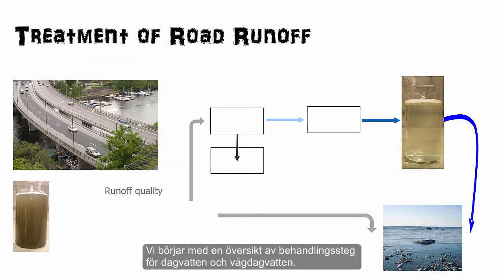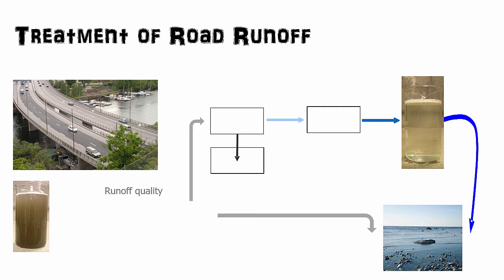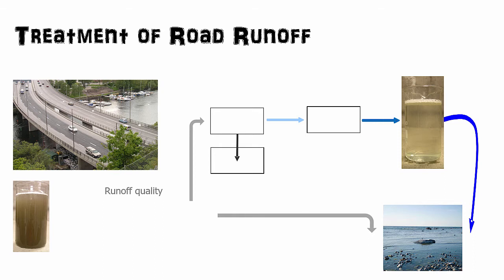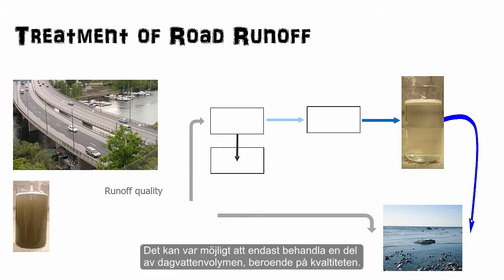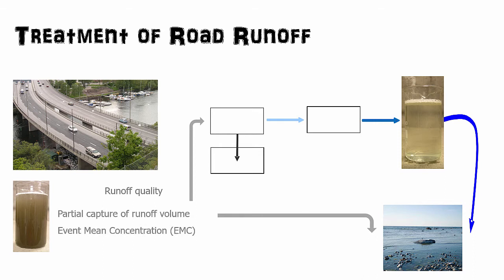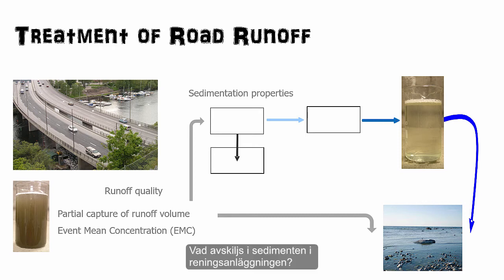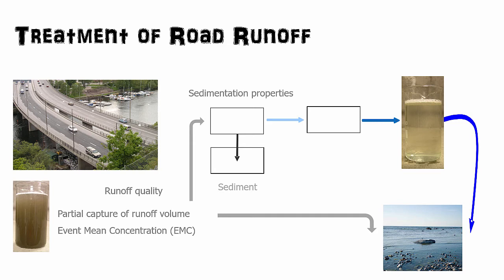First, let's have an overview of the treatment of road runoff. First, you need to look at the runoff quality. Then we have the possibility to only capture a part of the runoff volume. We also have the sedimentation properties we need to look at, sediment and the sediment generation in the treatment of stormwater or road runoff.